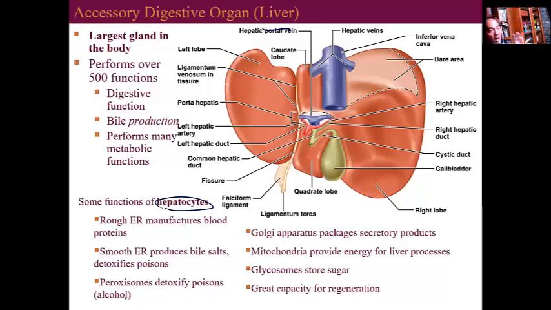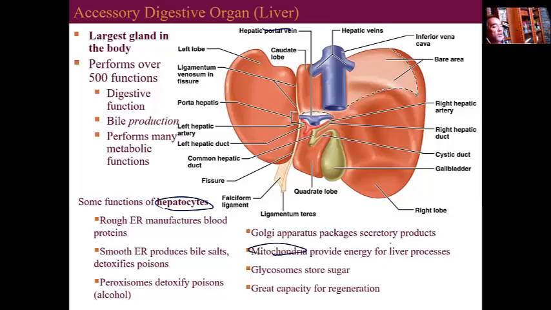Whenever somebody drinks a lot of alcohol, it always passes through the liver, and the liver detoxifies it. If you constantly have a lot of alcohol, the liver becomes damaged, and that's called alcoholic liver cirrhosis.